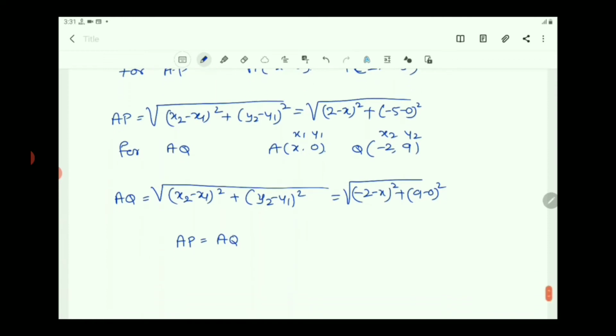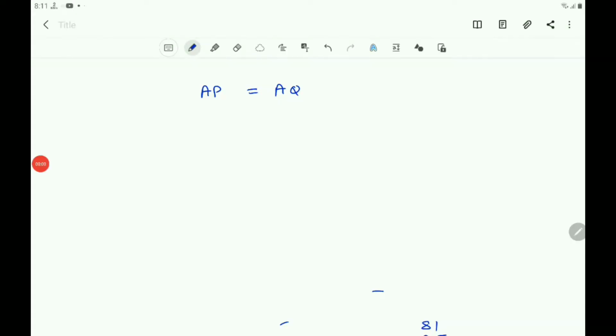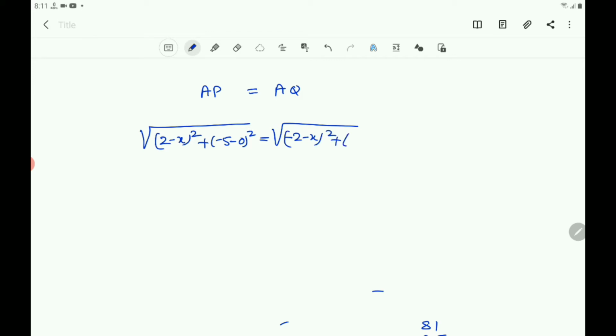So AP, the square root of (2 minus x) whole square plus (-5 minus 0) whole square, equals the square root of (-2 minus x) whole square plus (9 minus 0) whole square.